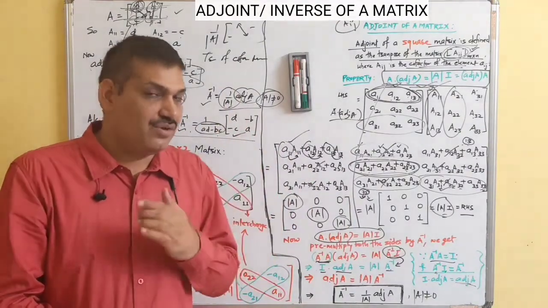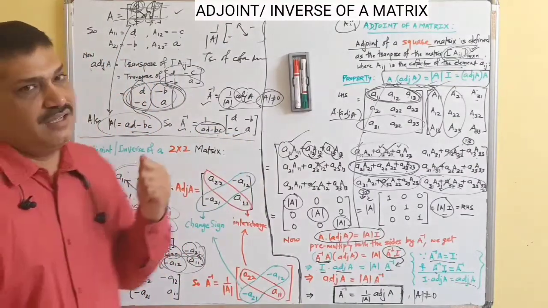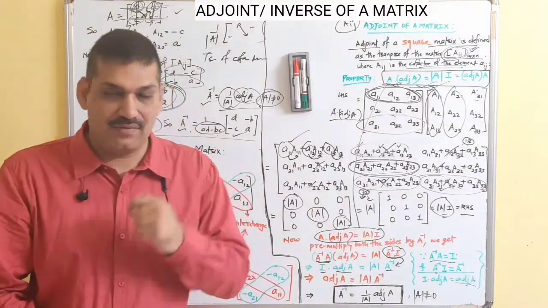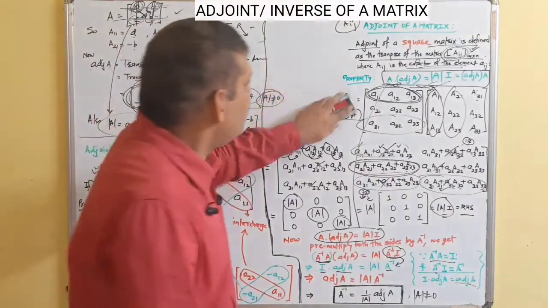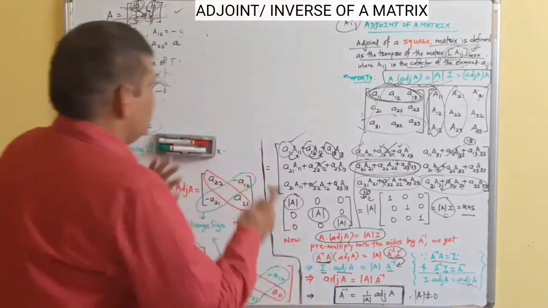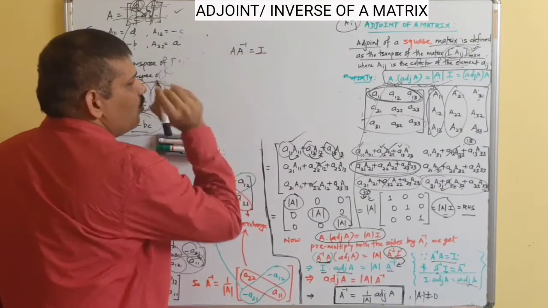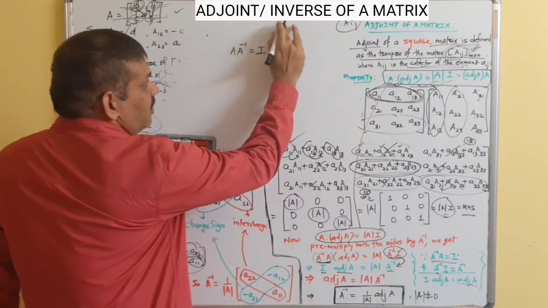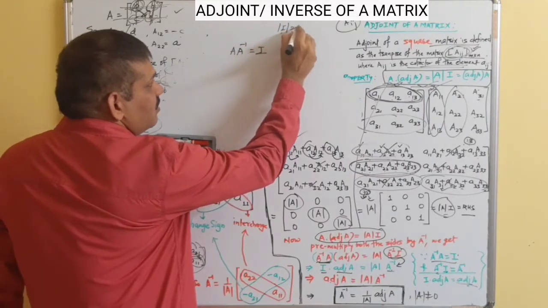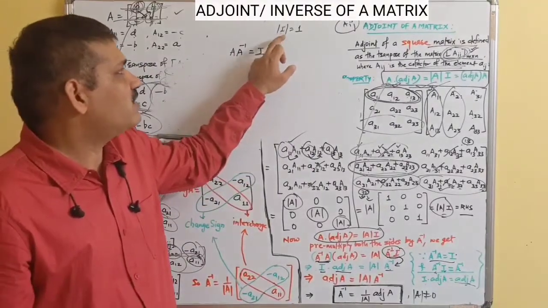That's how we do it. Now let's talk about the two MCQs given in the exercise, the last two questions. The last one is, if A is a matrix, then what will be the value of determinant of A inverse? See, we have A into A inverse is equal to I. Determinant of I is always 1, whatever the order of the matrix I is.